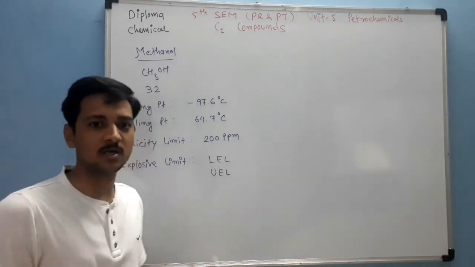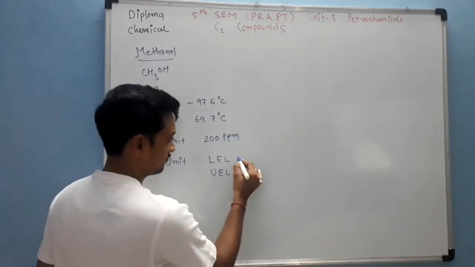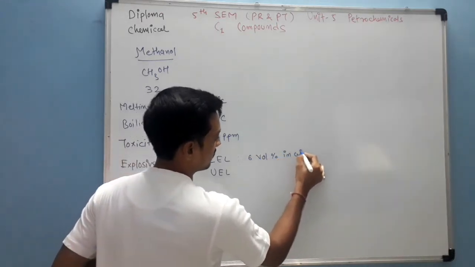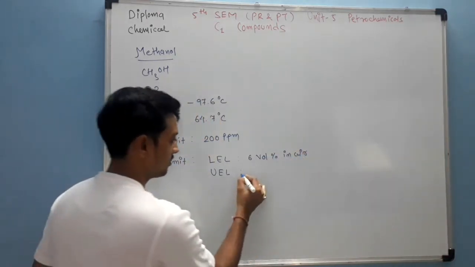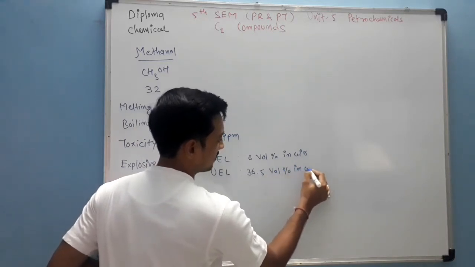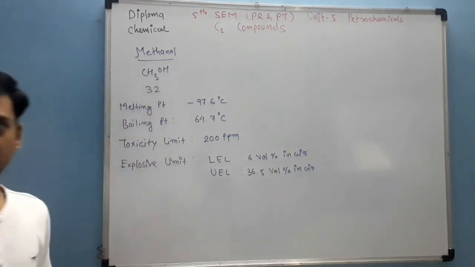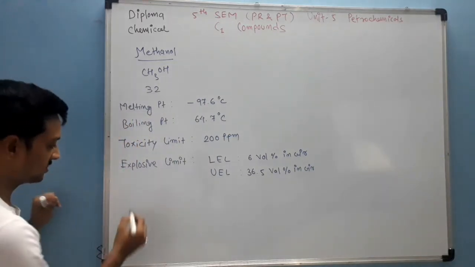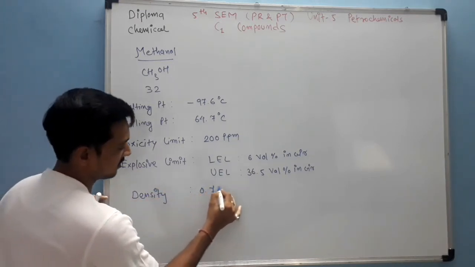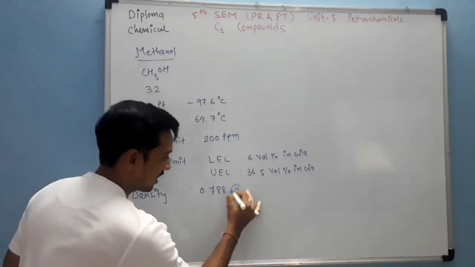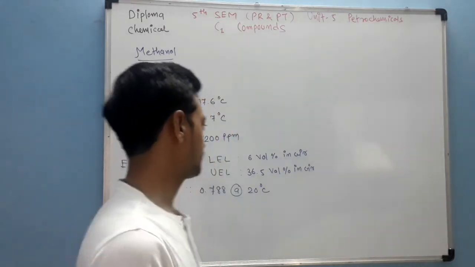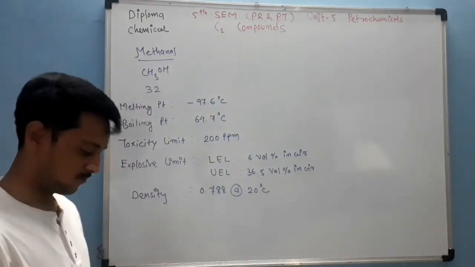This indicates the concentration of a particular substance. 6 volume% in air and here 36.5 volume% in air. Okay. Density 0.788 at 20 degree Celsius. These are the properties of methanol.